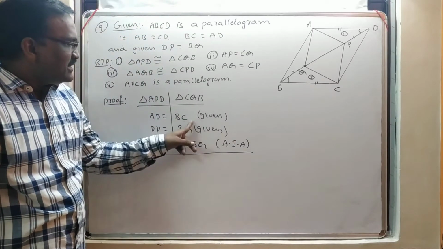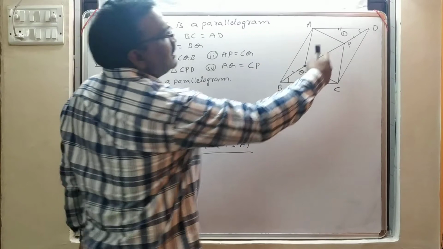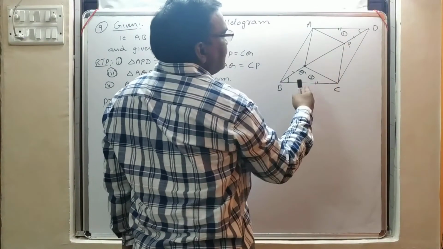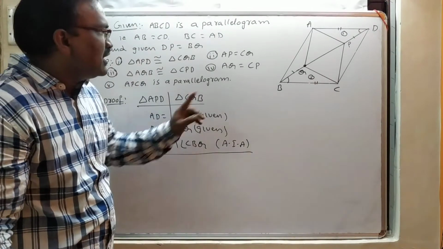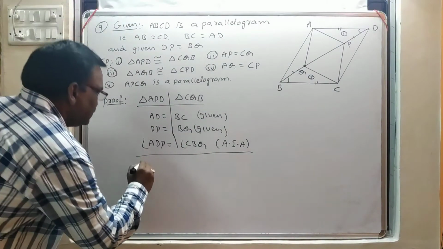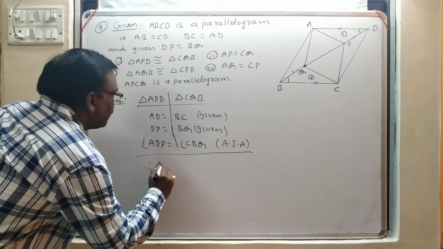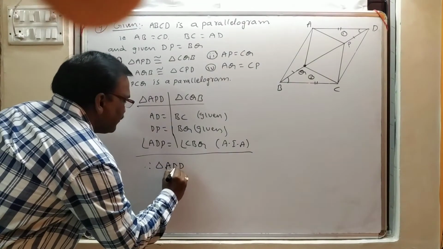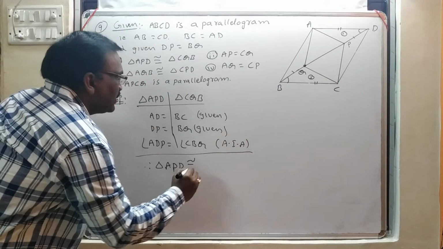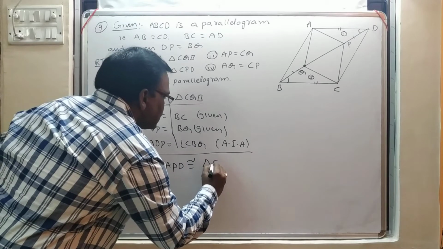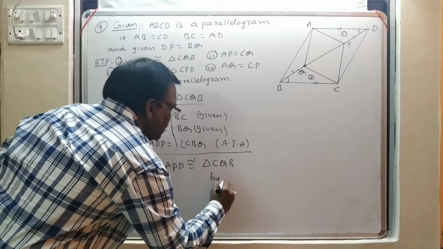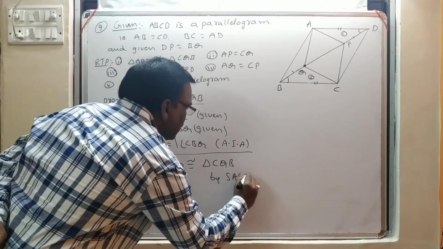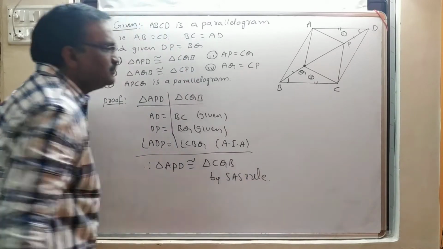So side, angle, side. By SAS congruency rule, these two triangles are congruent. Therefore, triangle APD is congruent to triangle CQB by SAS rule.